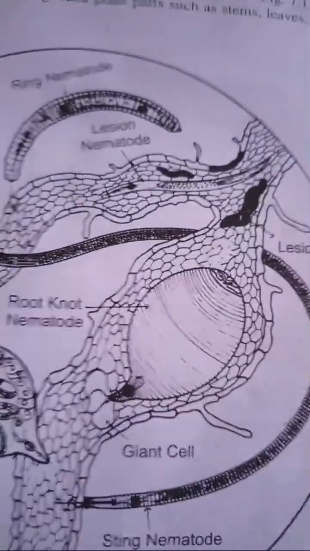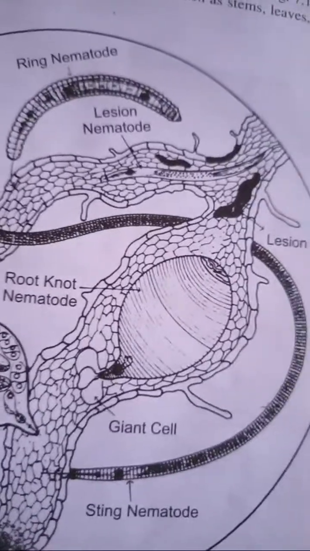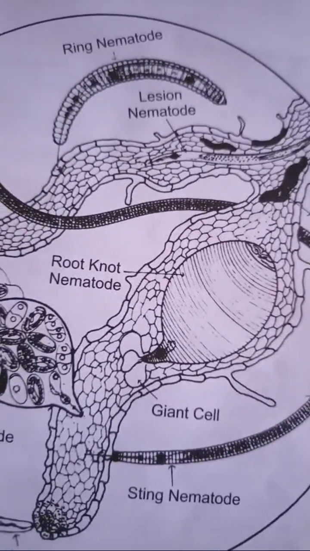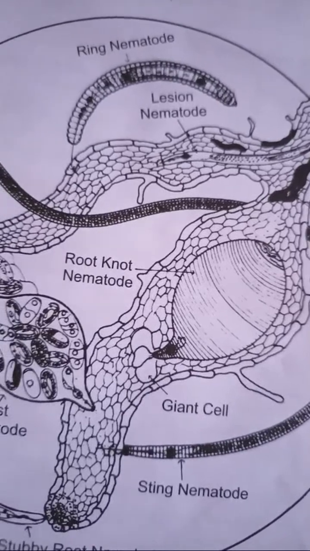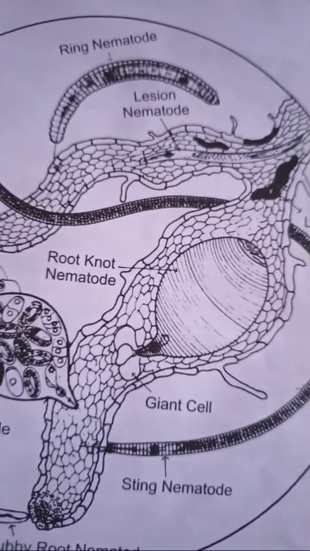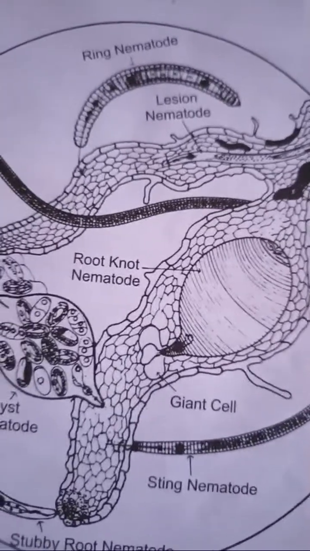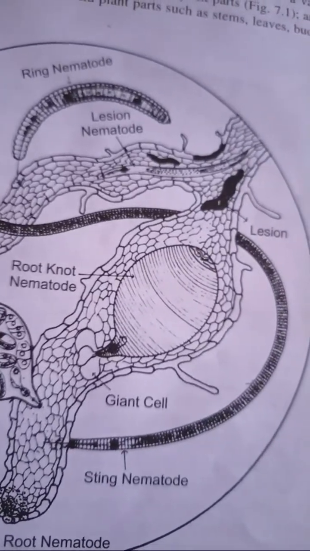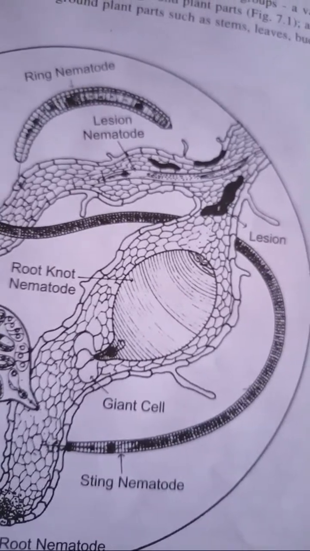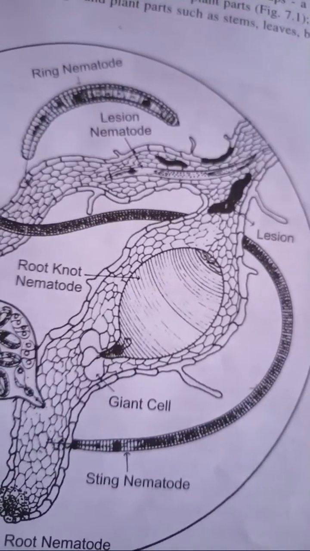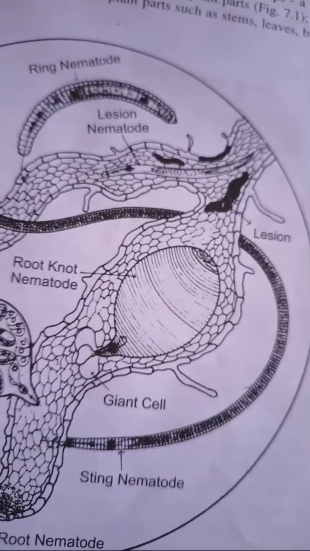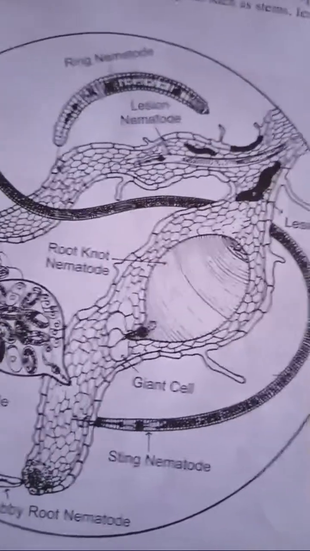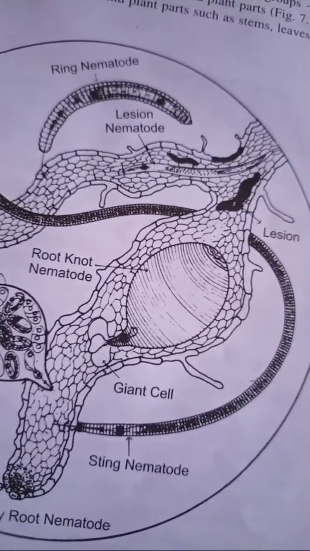So in that respect it's very important, but from the exam point of view you need to remember most importantly the sedentary and migratory forms of the endoparasitic nematodes, especially the root knot nematode, and especially the nature of damage, how they damage the plant, the relationship of the nematode with the plant surface, and whether it attacks the cortex, the rootlets or the entire root. So it's very important. So for example, for the ectoparasitic nematode, I'll be saying the migratory form.